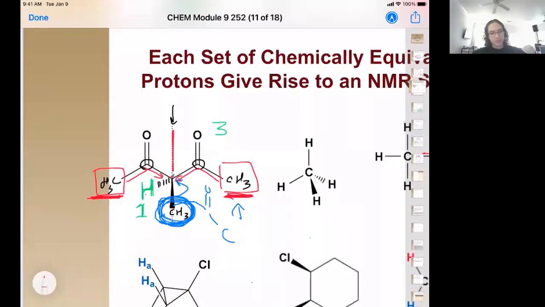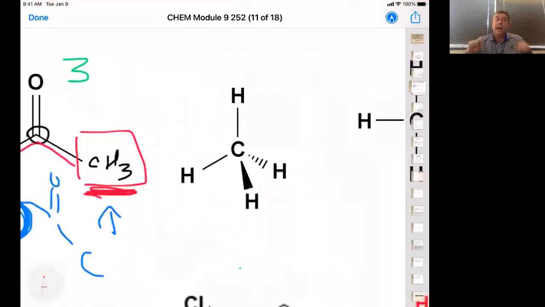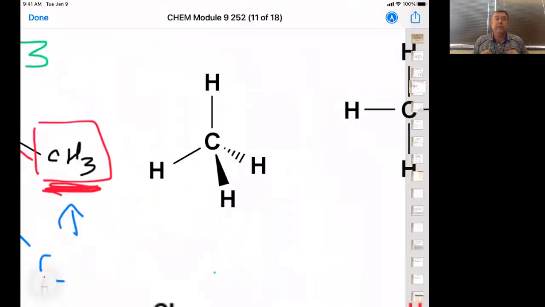Thank you. Okay, so let's take those hydrogens in space and look at them again. How many equivalent hydrogens do we have in this? How many peaks would we see for this compound? Just 1.